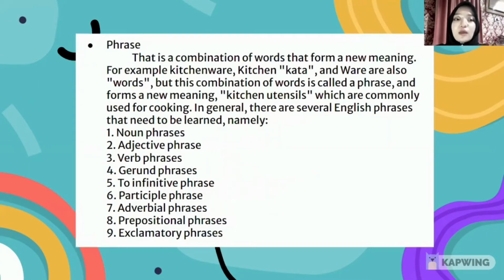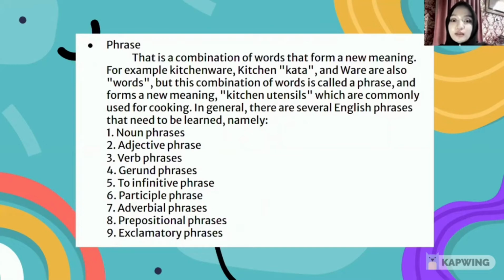Next is about phrase. A phrase is a combination of words that forms a new meaning. For example, kitchenware. Kitchen is a word and ware is also a word. But this combination of words is called a phrase and forms a new meaning, kitchen utensils, which are commonly used for cooking.